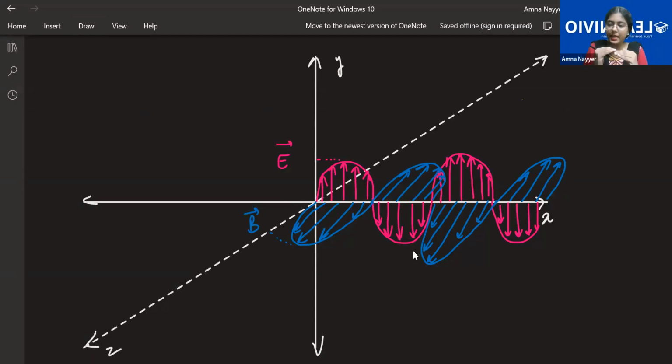This means the particles of the electric field will move up, the particles of the magnetic field will move outwards, while the wave itself will be moving towards the x-axis. So this will be the direction of propagation.